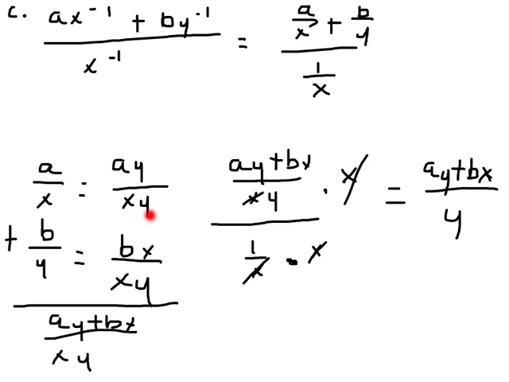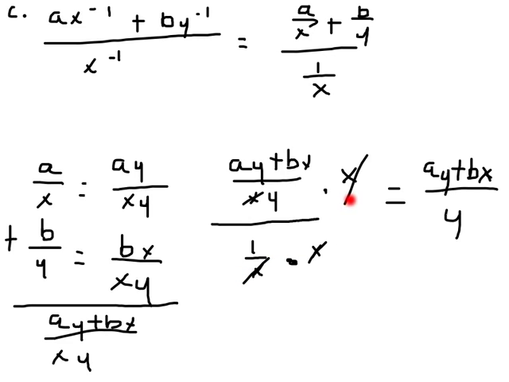For x and y, it is xy. I'm going to do my multiplication, and when I do that, I'm going to come up with ay plus bx over xy. That is what my top term simplifies to. That becomes this. And I'm going to put it right there. And the bottom one doesn't add to anything, so it's just going to stay 1 over x. And then I'm going to multiply by its reciprocal of x.